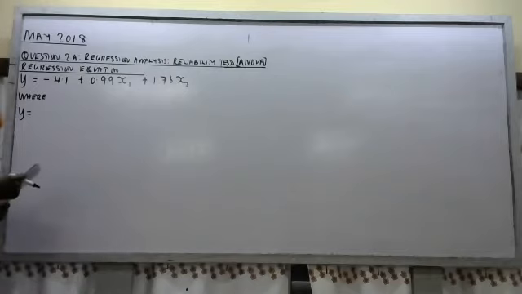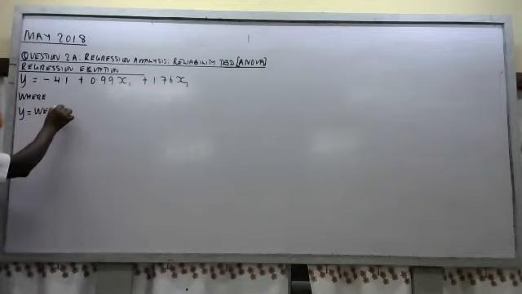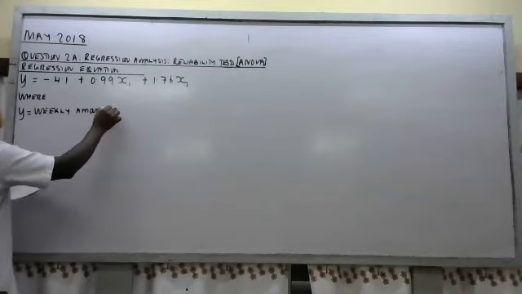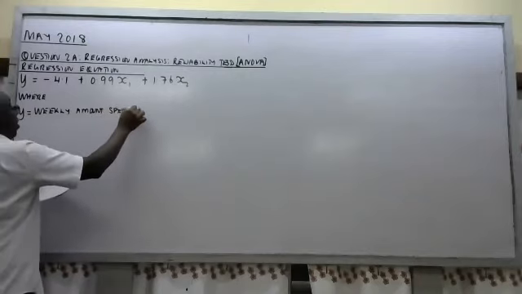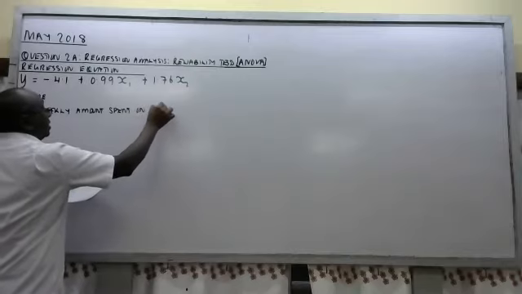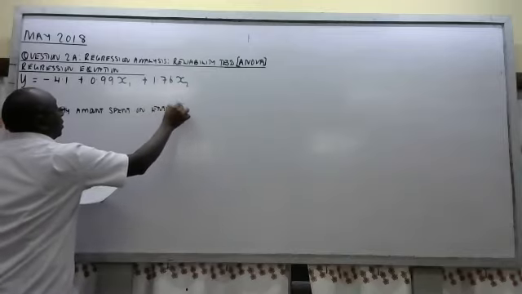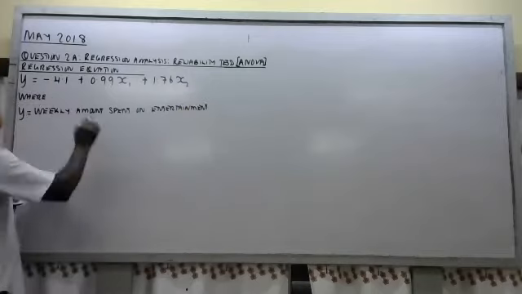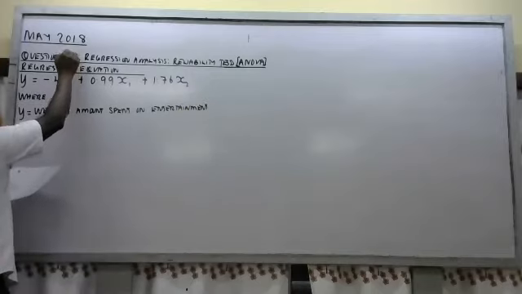y represents the weekly amount spent on entertainment. Sorry, this is question 2B.